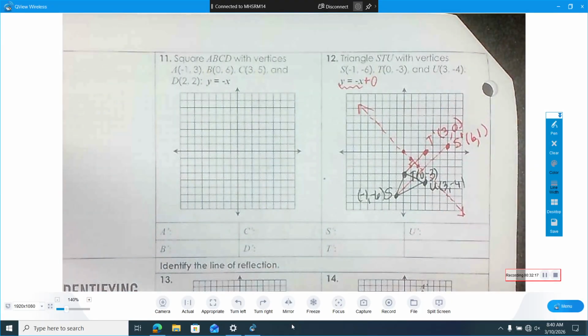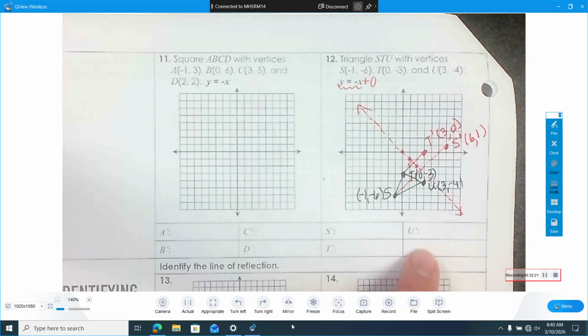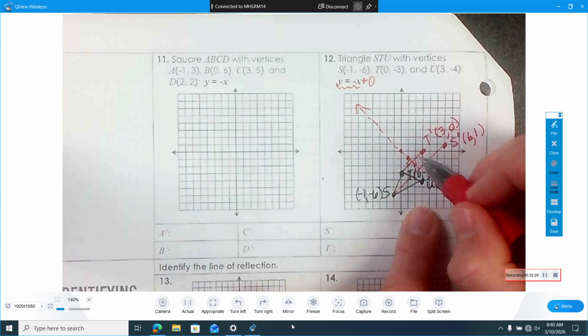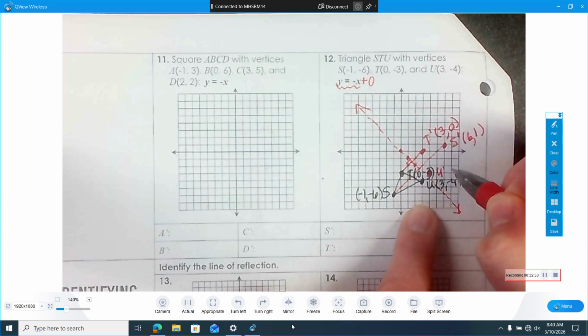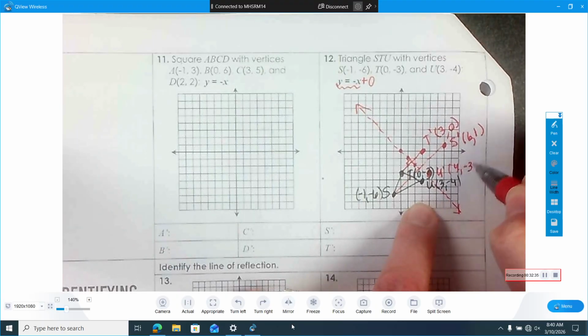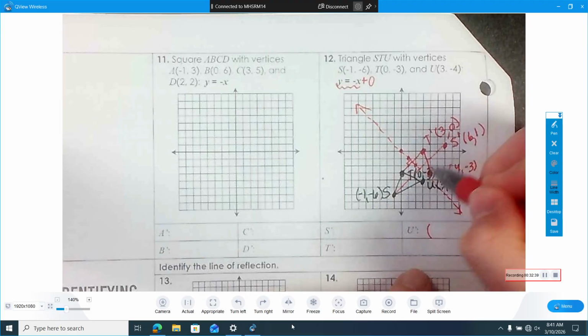And they're trading places. All right, so what do we think U prime is going to be? Yep, positive 4, negative 3. 1, 2, 3, 4, 1, 2, 3. Right here is U prime, positive 4, negative 3. So there we go.